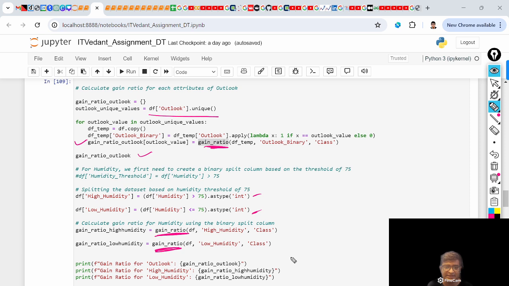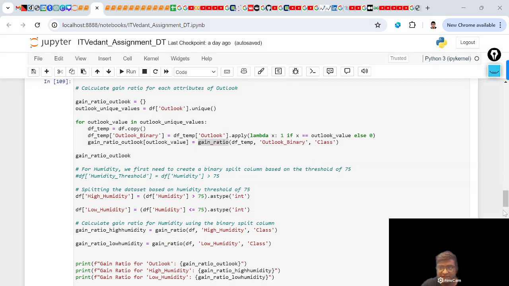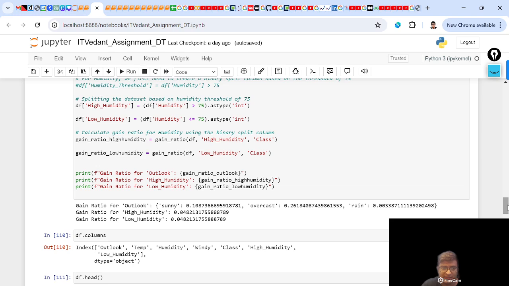As I said, the higher the gain ratio, the better that element will be used as the root node. Because gain ratio is nothing but a normalized info gain, it can be used for our splitting criteria and selection of the root node. And here also we will get the same information.